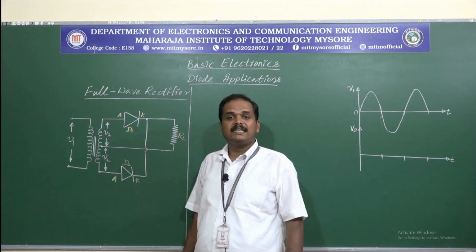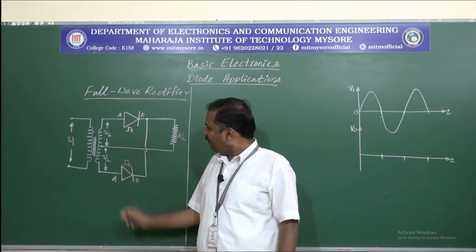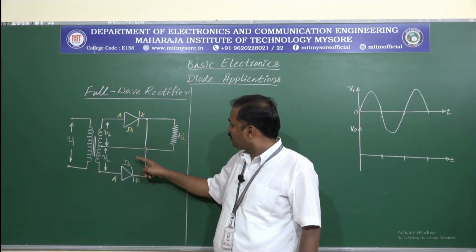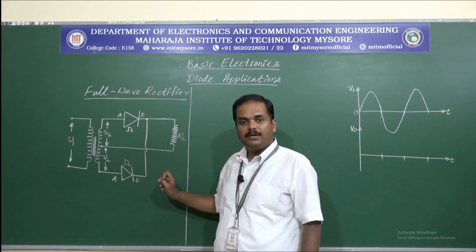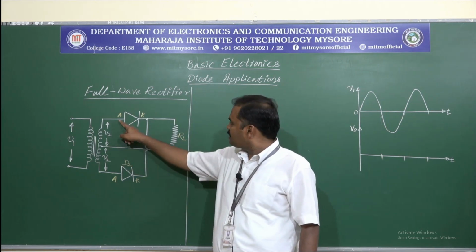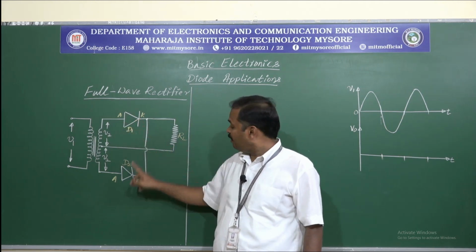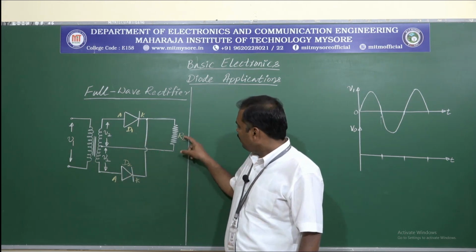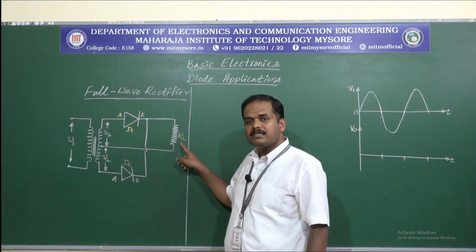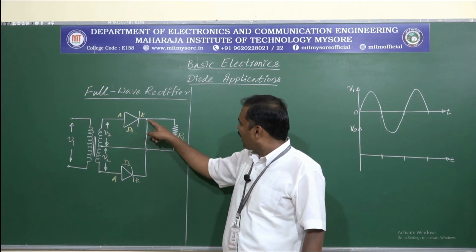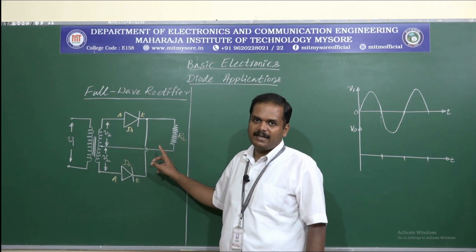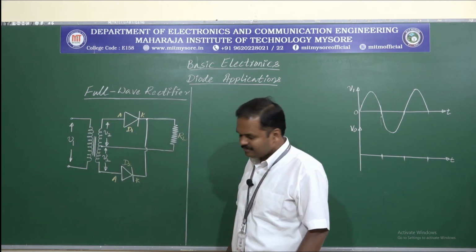For these two secondary voltages we have two semiconductor diodes D1 and D2 connected, this is the anode and this is the cathode of D1, this is the anode and this is the cathode of D2, and here we have the load resistance RL connected between the cathode of D1 and the center tap of the secondary coil of the transformer.